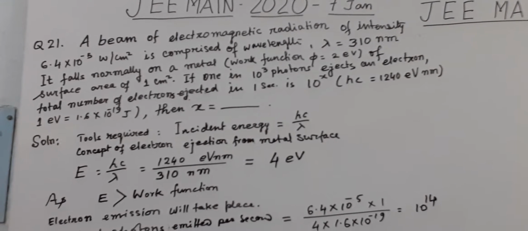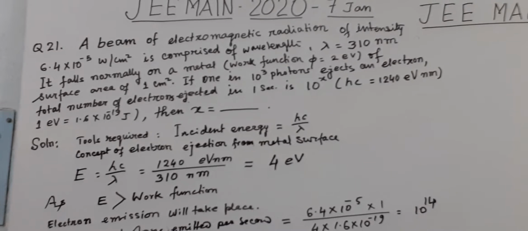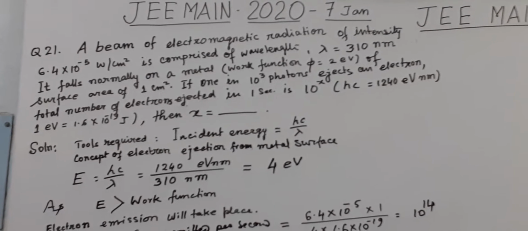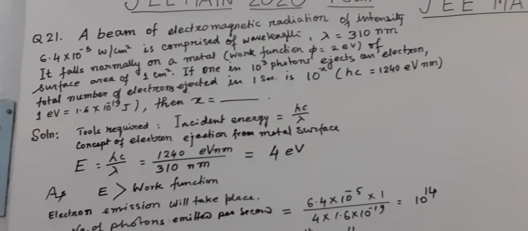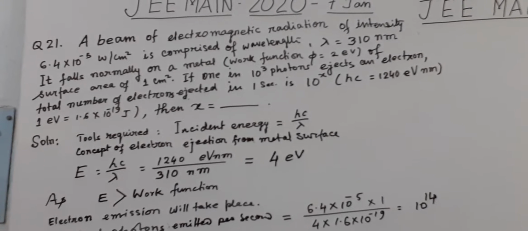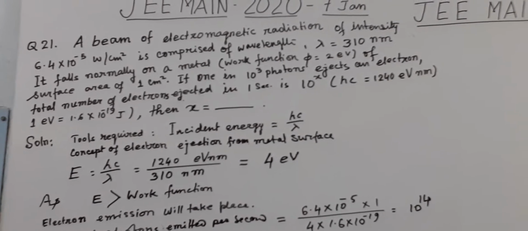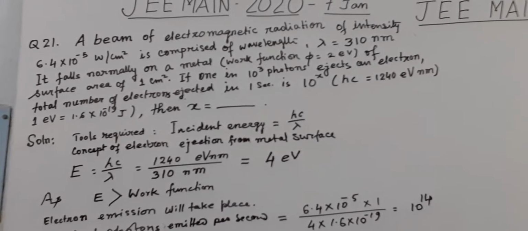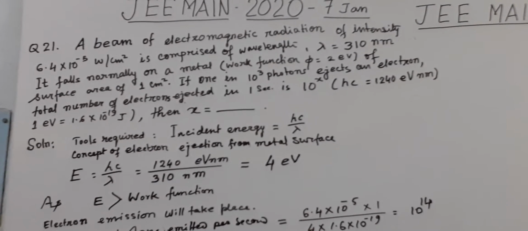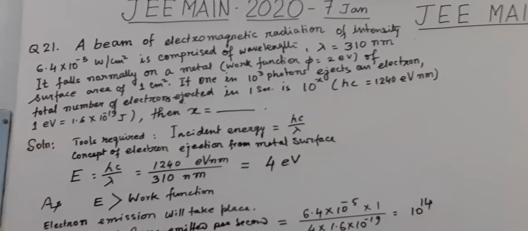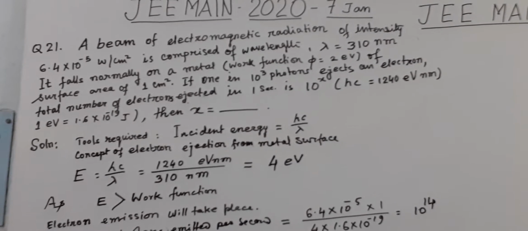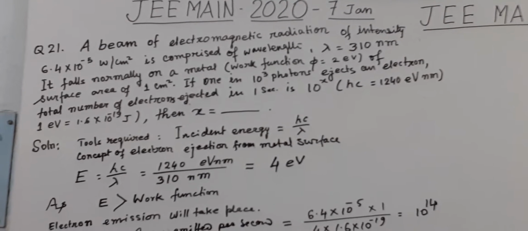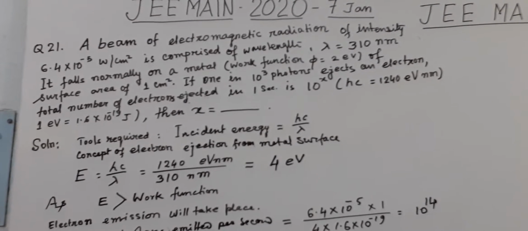If 1 in 10^3 photons ejects an electron, the total number of electrons ejected in 1 second is 10^x. Within brackets, hc equal to 1240 electron volt nanometer is given, and 1 electron volt equal to 1.6 × 10^-19 joules. Then we have to find the value of x.